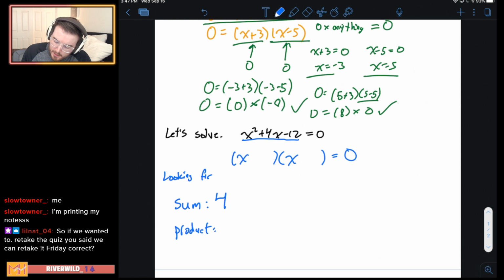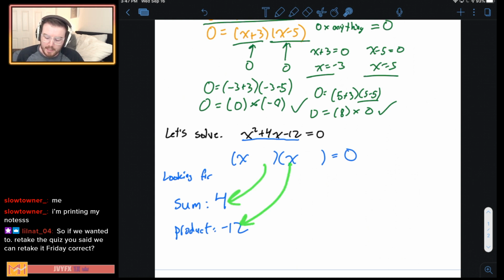And their product is negative 12. That's what satisfies these two numbers right here. We're looking for two numbers that add to 4 and multiply to negative 12.